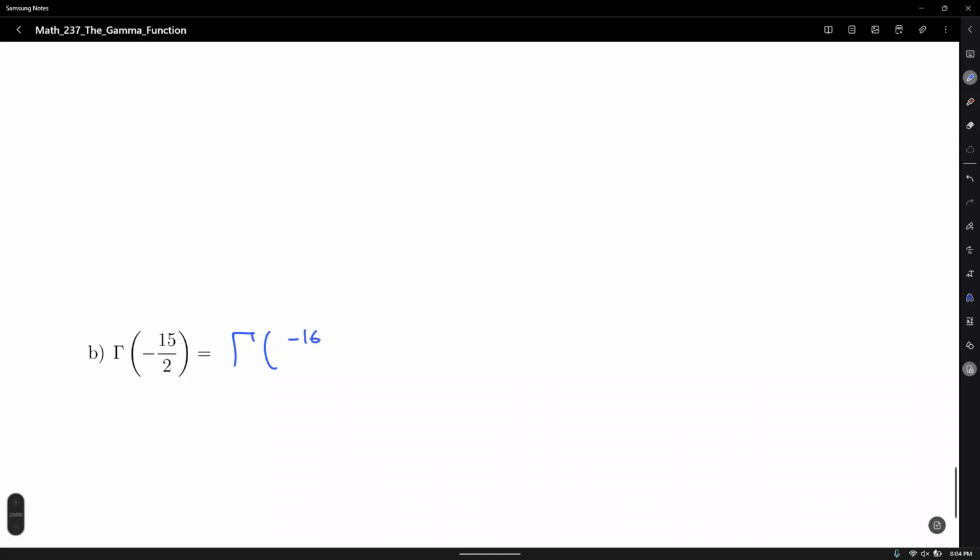Negative 16 plus 1 over 2, equals negative 16 over 2, that's gamma of negative 8 plus 1 half. In this case, what's n? n equals 8, and 2n minus 1 equals 2 times 8 minus 1, which equals 16 minus 1, which is 15.